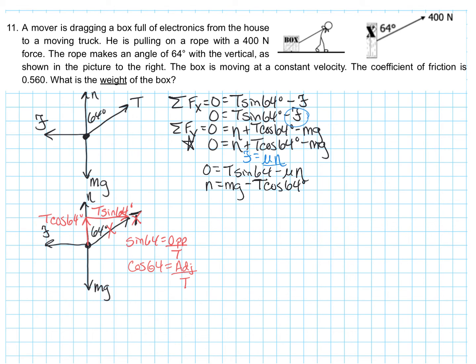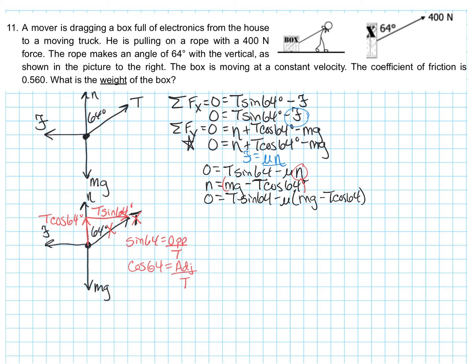Awesome. Now I'm going to take this whole expression on this side and put it in for eta in the previous equation. So 0 is equal to T sine 64 minus mu times parentheses mg minus T cosine 64 parentheses.